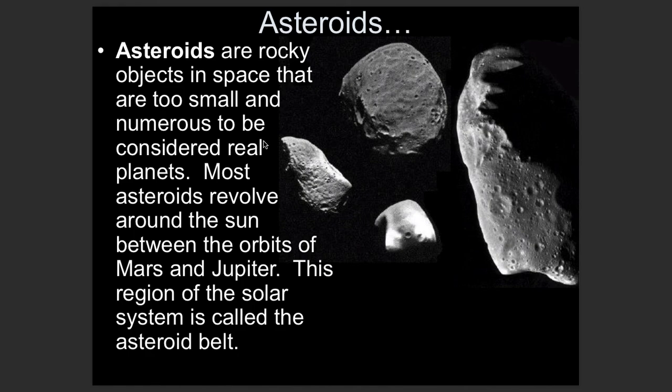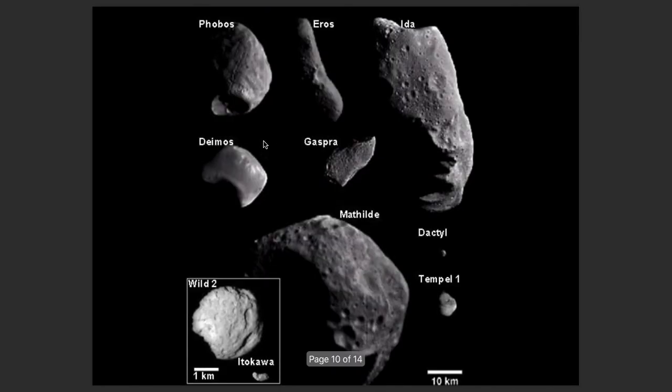Asteroids are rocky objects in space that are too small and numerous to be considered real planets, right? They're also not spherical, which planets are. Most asteroids revolve around the sun between the orbits of Mars and Jupiter. There's a region here that is known as the asteroid belt. And some of these are large enough that we've even given them names.